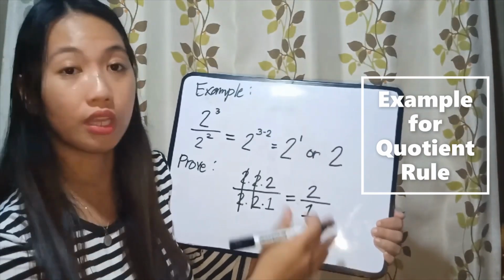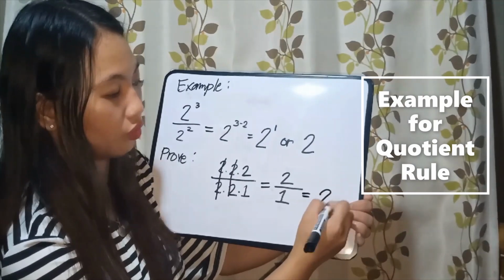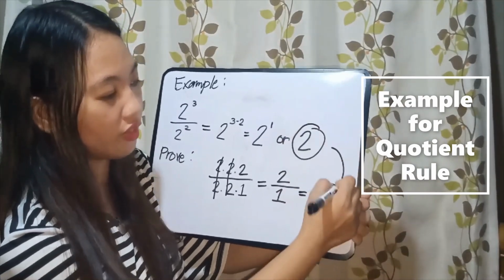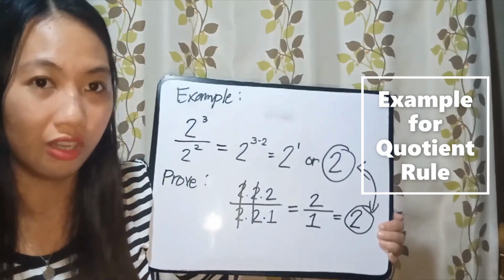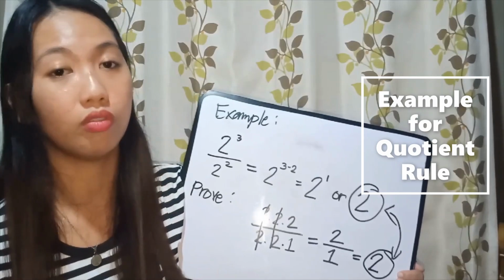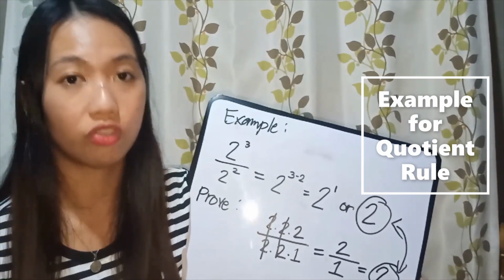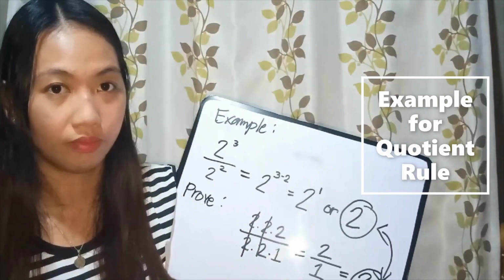These are the numbers that are left behind, so we have 2. So are they the same? That's how the law of division works, dividing expressions having the same base but different in exponents. Okay, so we're halfway there.